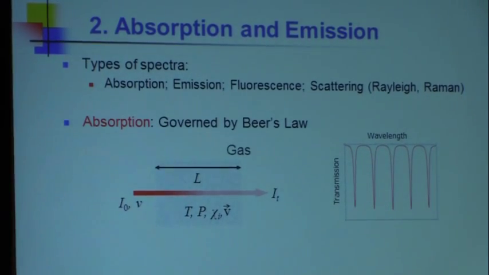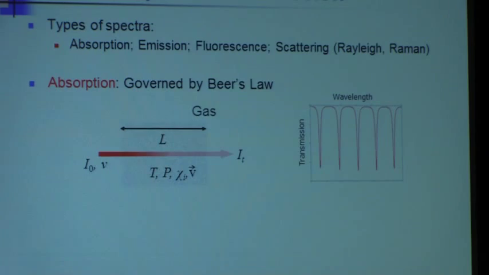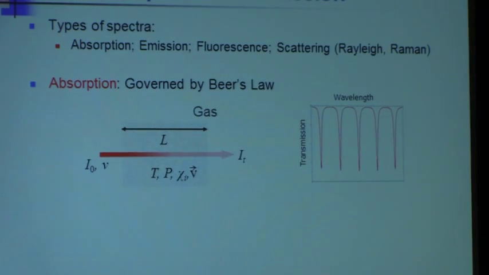Absorption is governed by Beer's law, and we're going to derive this law a little later in the course. In this concept, light coming from the left has an intensity I, where the units might be watts, or watts per unit area, or watts per unit area per unit spectrum, but some form of intensity or power, and frequency nu.